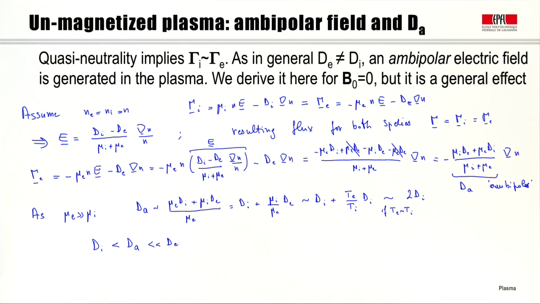So that means that, as we anticipated intuitively, the plasma is setting up the electric field so that the diffusion of both species will occur at a rate which will be larger than that the ions would have naturally, and lower than that of the electrons, that the electrons would have naturally in the absence of any plasma effect.